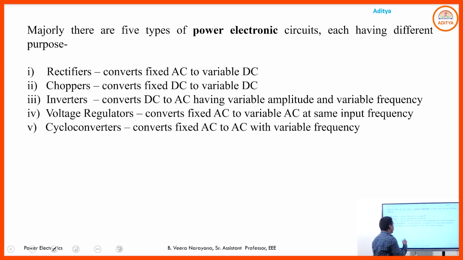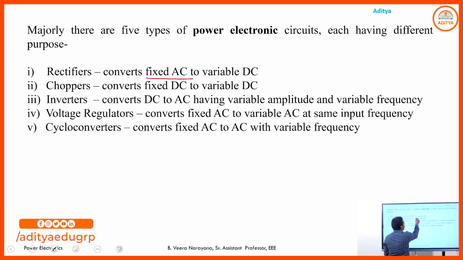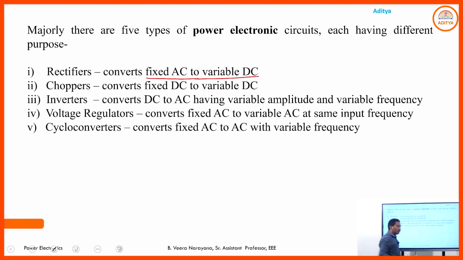First, let us go through the rectifiers. These are used to convert AC to DC. If you have the AC source and want to convert that AC source into DC, then we simply go through the rectifiers. Rectifiers are used to convert fixed AC to variable DC.